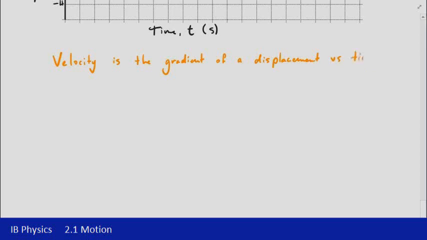And as I said, whether the gradient is positive or negative now becomes very important. That tells you something about the direction that's involved. As before, the average velocity is going to be calculated just using the final position. So it's not the distance anymore, it's not how far it's actually covered, it's just the position at the final location. So average velocity is calculated using the final position.